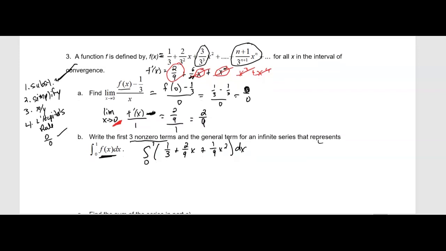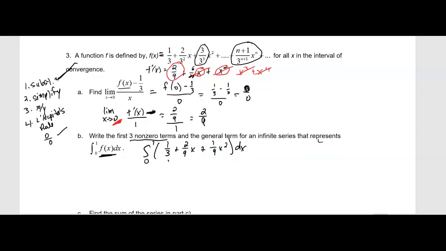So just a little derivative or antiderivative idea. We'll do 1/3 x plus 2/9 x squared, and then we're going to divide by 2. Plus 1/9 x cubed divided by 3. We're going to evaluate that from 0 to 1. Put in your upper limit, so let all of your x's become a 1.